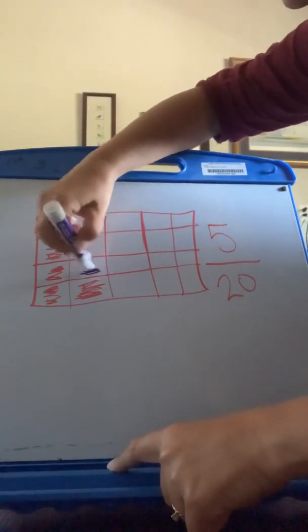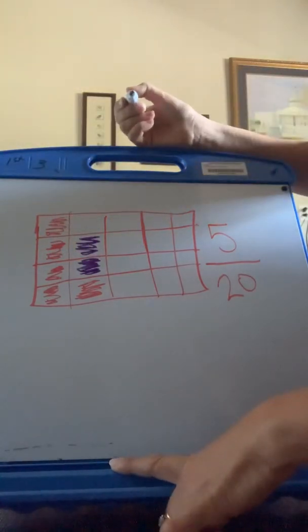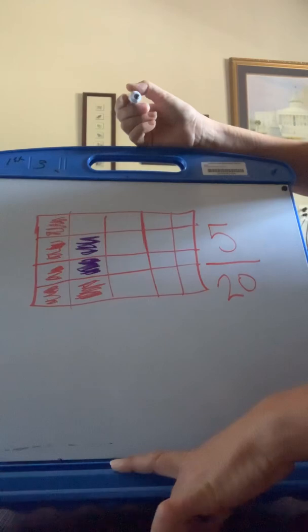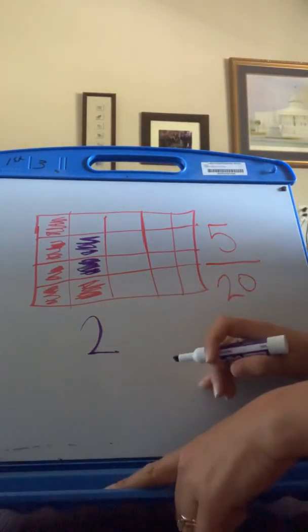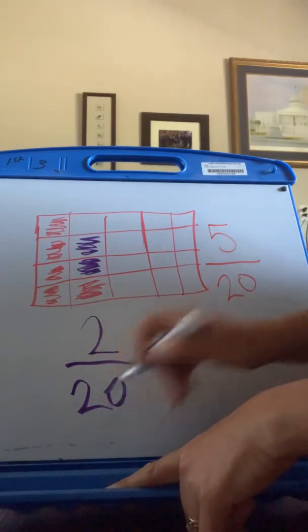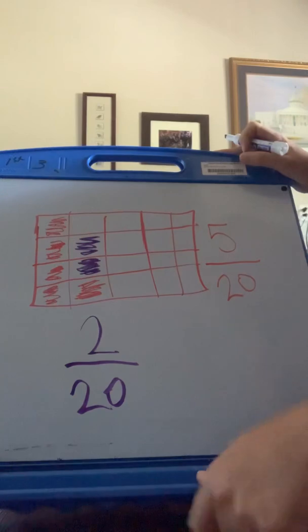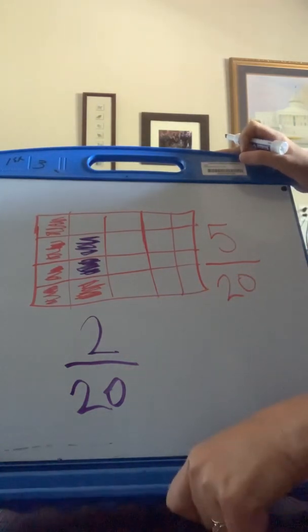She's ready for some dessert, but she got kind of full, so she only wants those. Hannah's going to eat those too. So now how much did Hannah have? She had 2 brownies, but there are how many in the whole thing? 20. So we can say that Hannah had 2/20ths of the brownies. 2 pieces, but there's 20 in the whole thing.